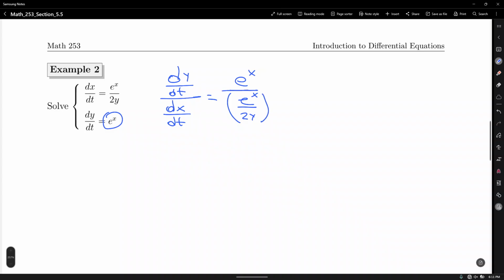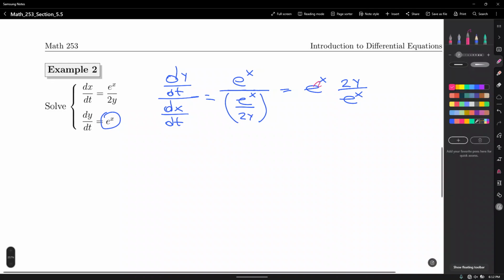Guys, dividing by a fraction is the same as multiplying e to the x by the reciprocal, that is 2y divided by e to the x. And the e to the x's, guess what? They go away.